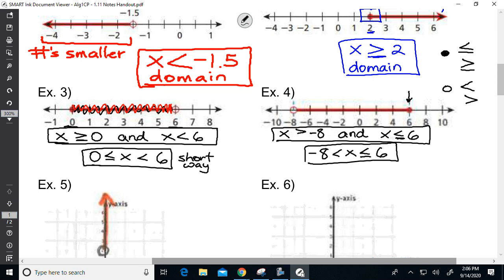If you're writing it the short way, you only use less than signs. You don't use greater than signs. Use less than signs because they point from left to right. Greater than signs point the other direction.